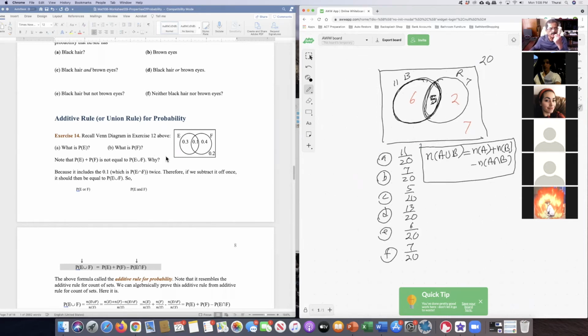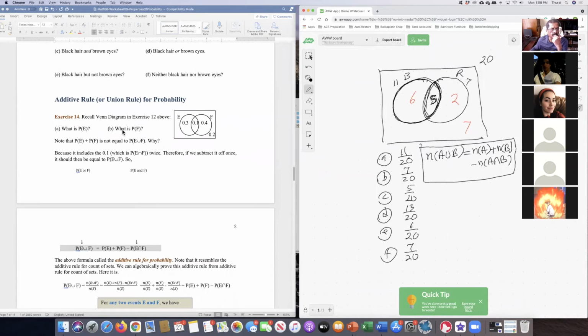So I'm using this picture for the probability. Exercise 14 has a Venn diagram on the right side. The left side of E has 0.3, the right side of F has 0.4, the center, the intersection, has 0.1. And as you can see, the probability of the union is 0.3 plus 0.1 plus 0.4, which is 0.8.